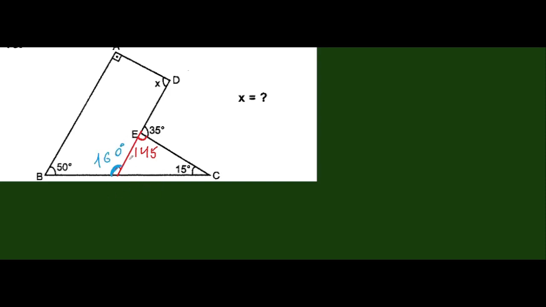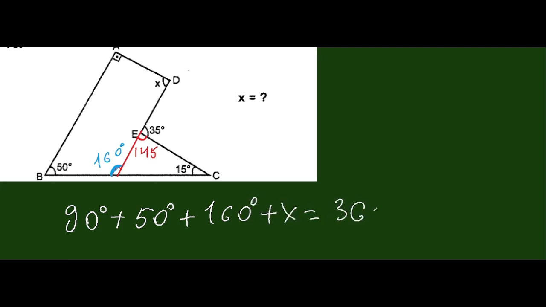And we know that the sum of interior angles of a quadrangle will be 360 degrees. So this is 90 degrees, angle A. So 90 degrees plus this is 50 degrees plus 160 degrees plus x, and it will equal 360 degrees.